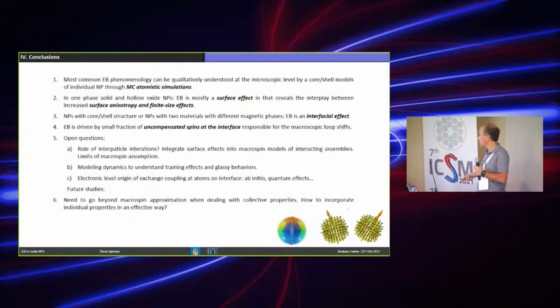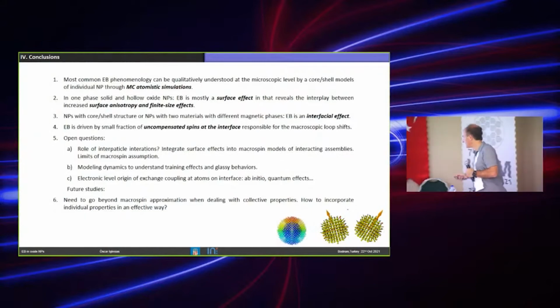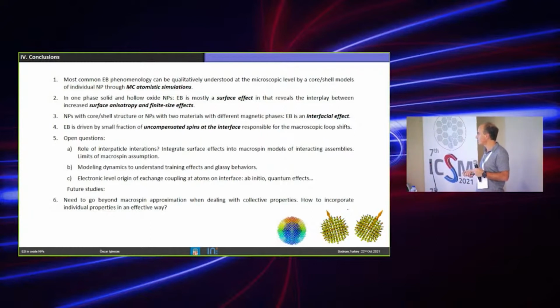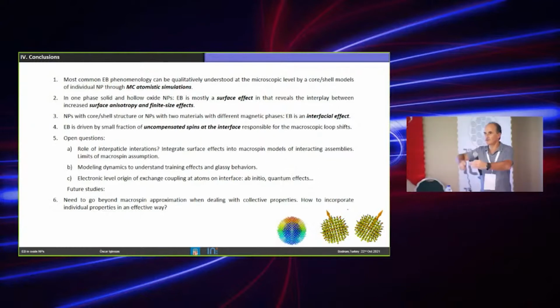I move just fast to the conclusions for you to read, and just mention one thing, if you allow me: all these simulations are performed for single nanoparticles, studying one nanoparticle.